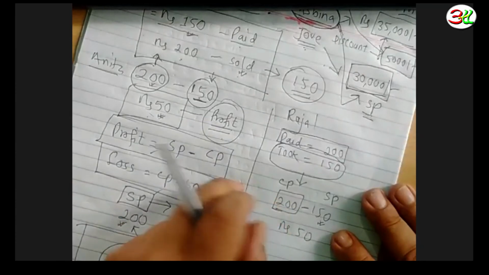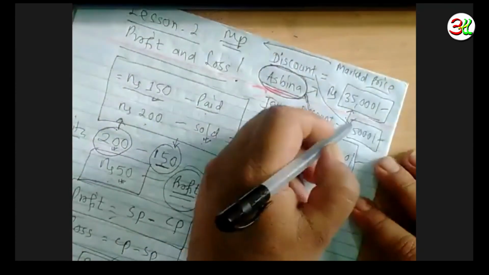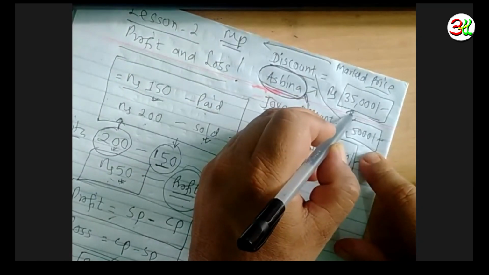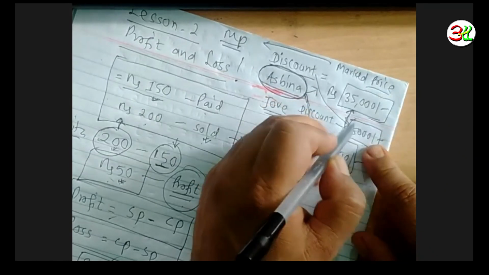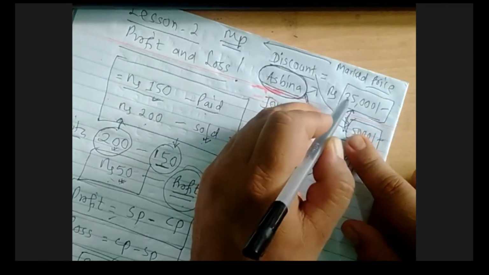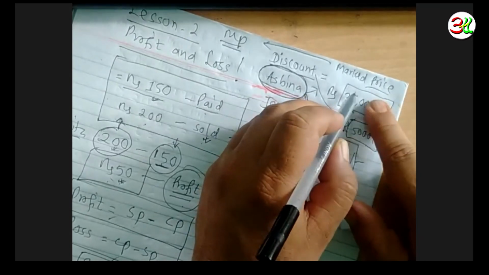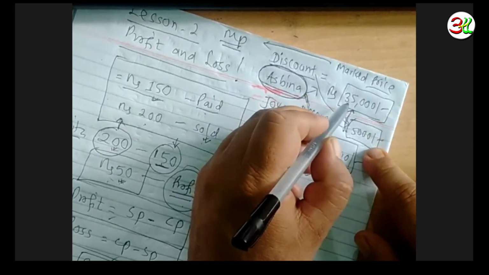If there is a discount, there must be a marked price. It means discount is related to marked price.